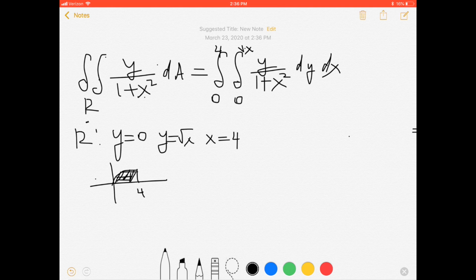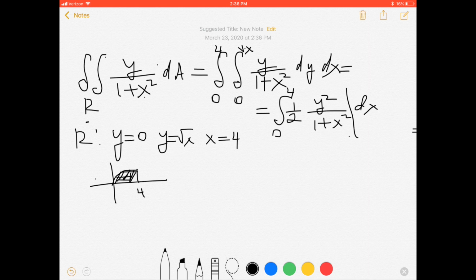What do you have here? One over the denominator here works like a coefficient. This means we take the integral of y, it will be y squared over 2. And here we have the integral from 0 to 4 of 1/2 y squared over 1 plus x squared dx, where y is changing from 0 to square root x.